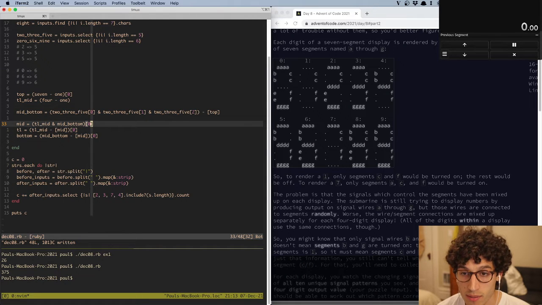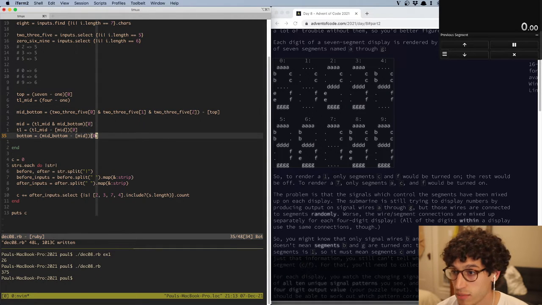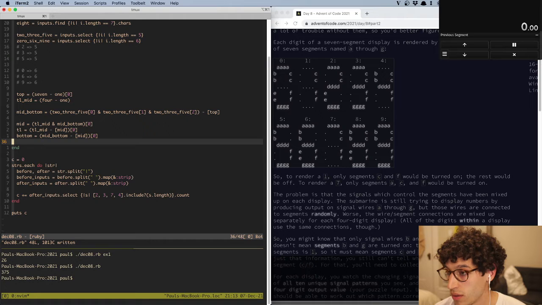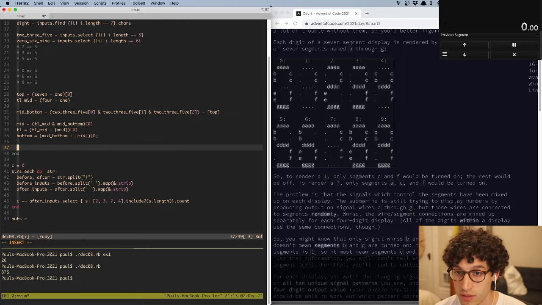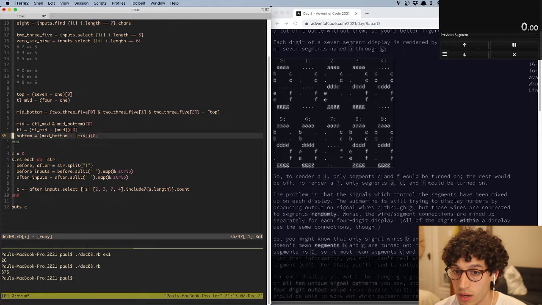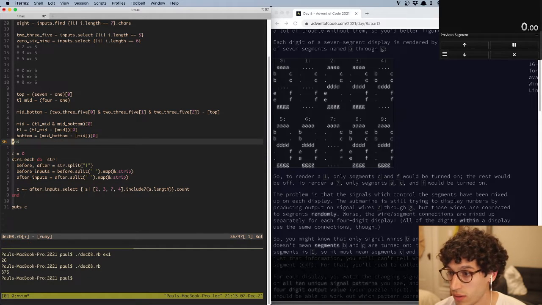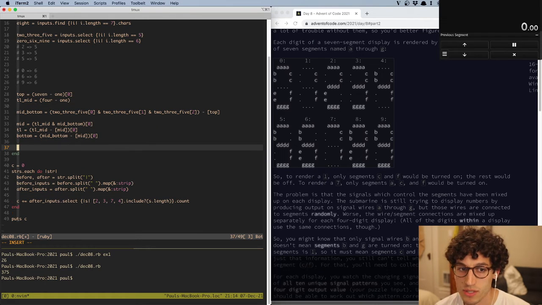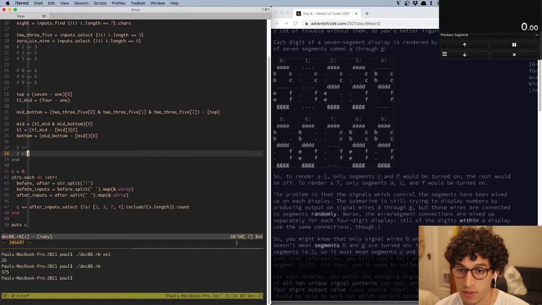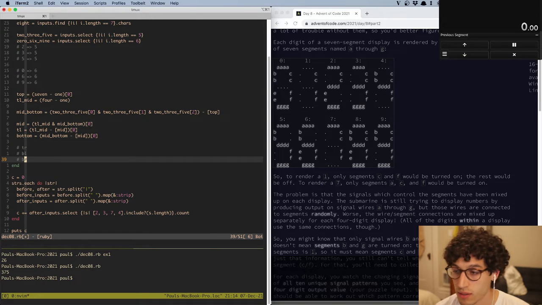So I have top, mid, bottom, top left. So I still need top right, bottom left, and bottom right.